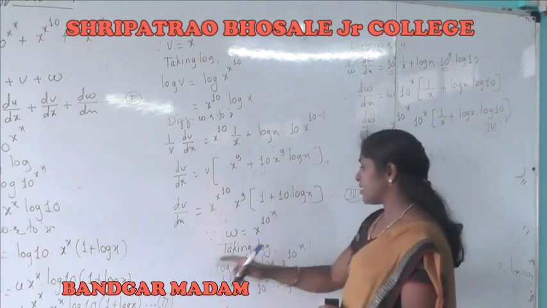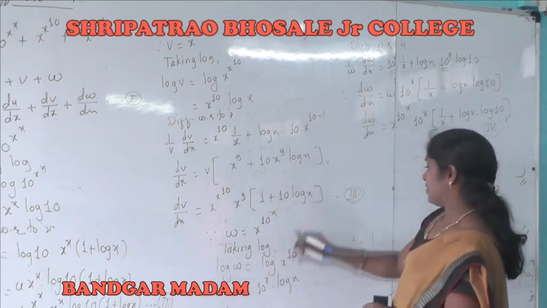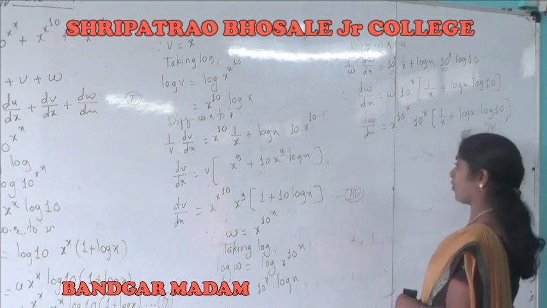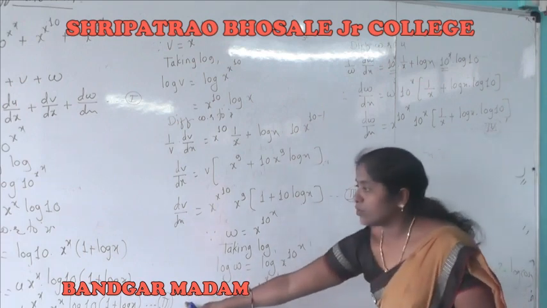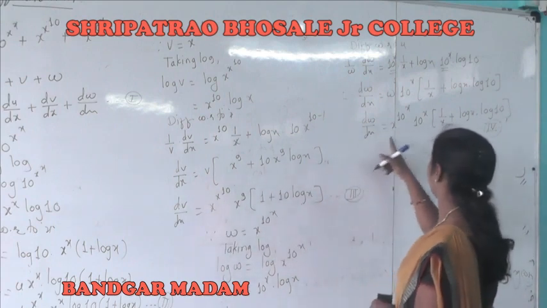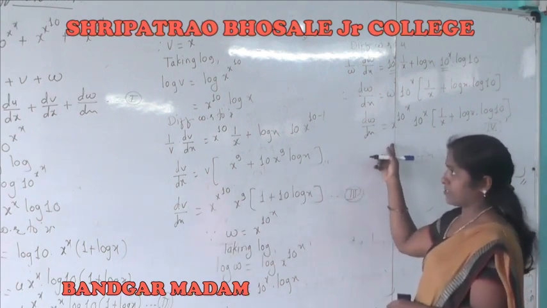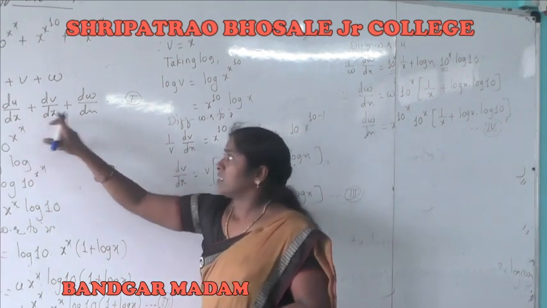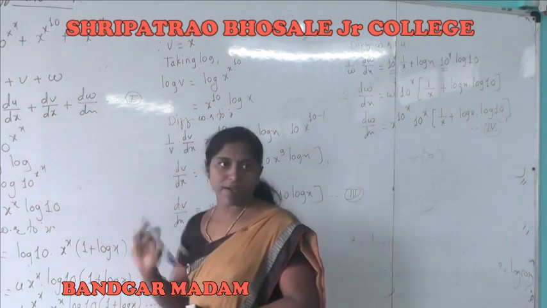Now replacing 2, 3 and 4. This is equation 2, du by dx. This is 3, dv by dx, and 4 is dw by dx. Now replacing these three, we will get dy by dx.